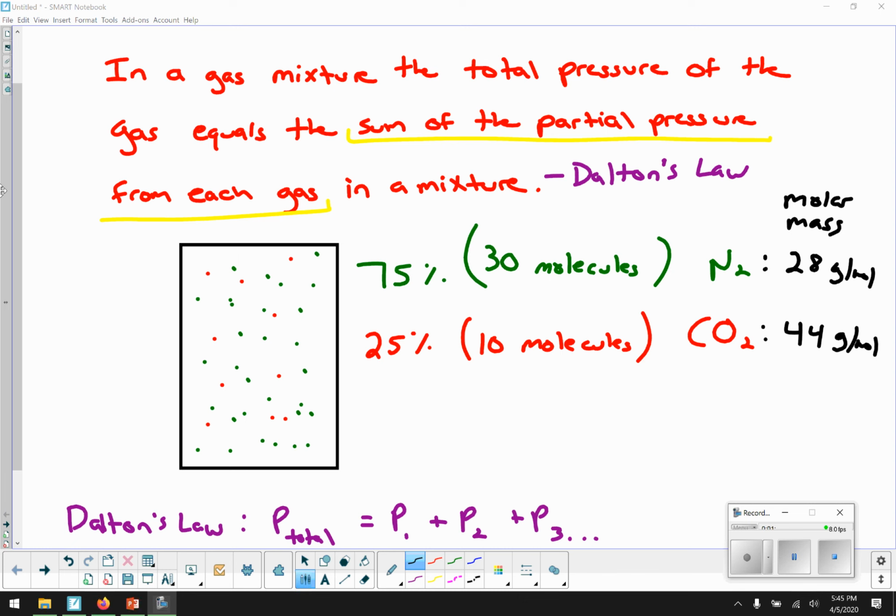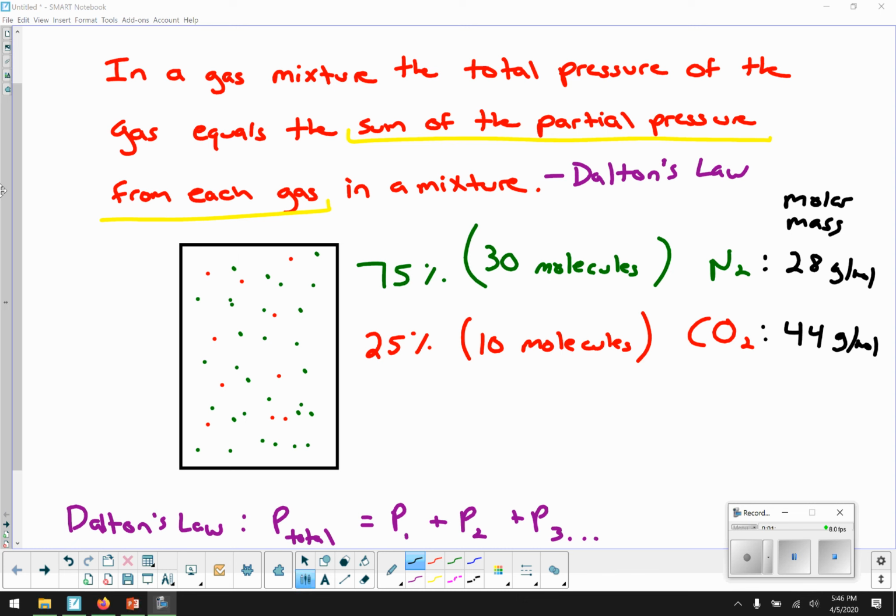Small particles go faster, big particles go slower. So when they hit the side of the container, each particle exerts the same amount of pressure. With a small particle going faster, it exerts the same amount of force as a big particle going slower. Because of that, because each particle exerts the same amount of pressure in a gas at any given temperature, the total pressure of a gas equals the sum of what are called the partial pressures from each gas.